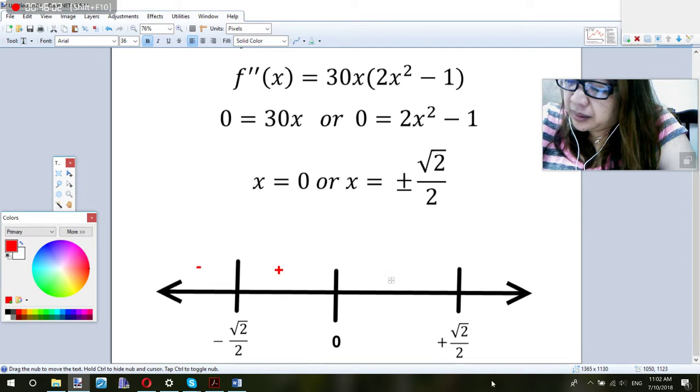Okay, same thing over here. We know root 2 is between 1 and 2, because the square root of 1 is 1, the square root of 4 is 2, so the square root of 2 must be between them. So if this is some number between 1 and 2, then 1/2 will be between 0 and root 2 over 2. So if I plug in positive 1/2, I get a positive number times a negative number, which is a negative.